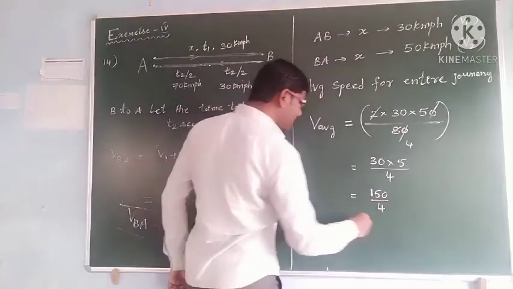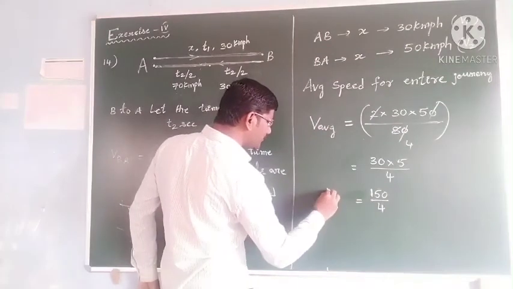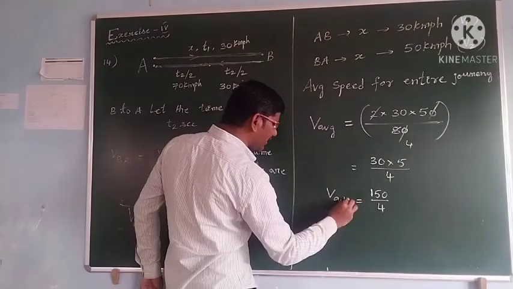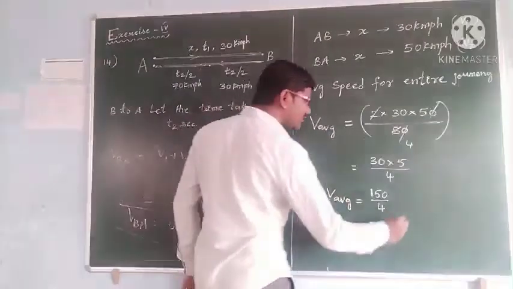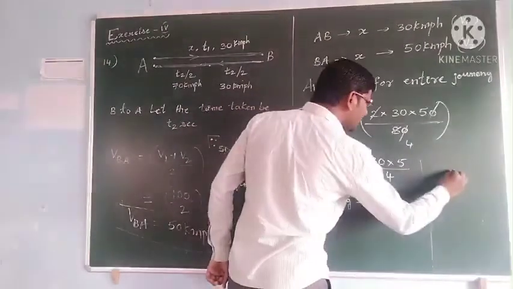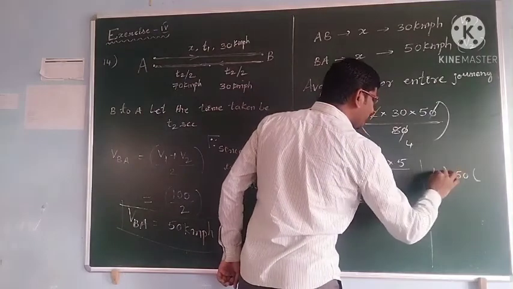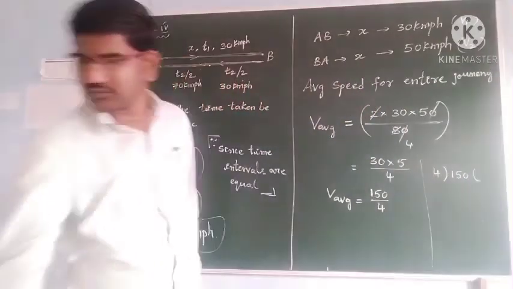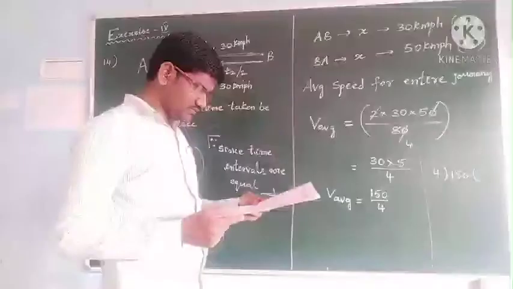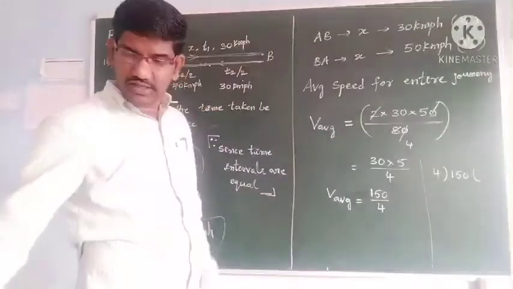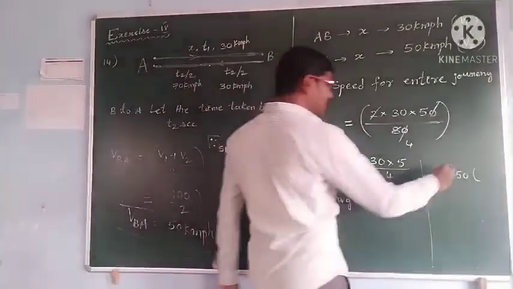So 150 by 4 is equal to V average. Divide that 150 with the 4.